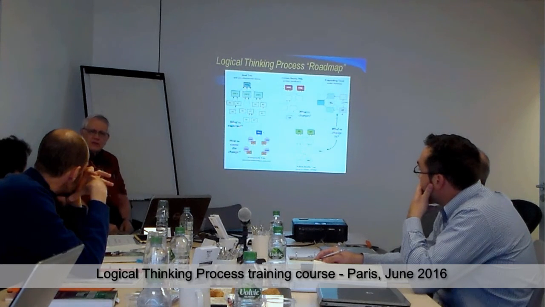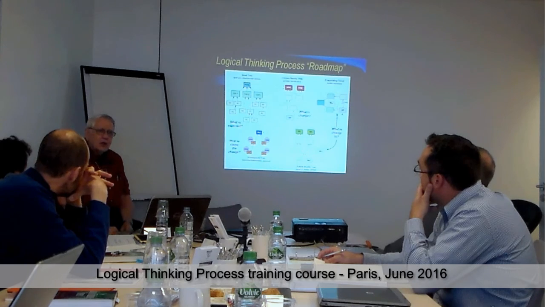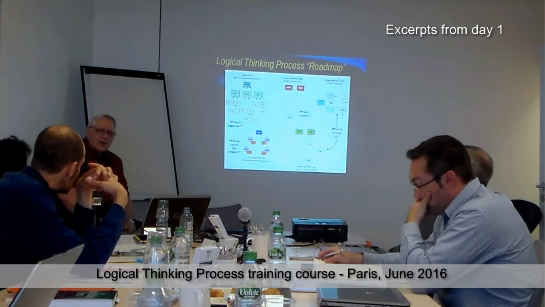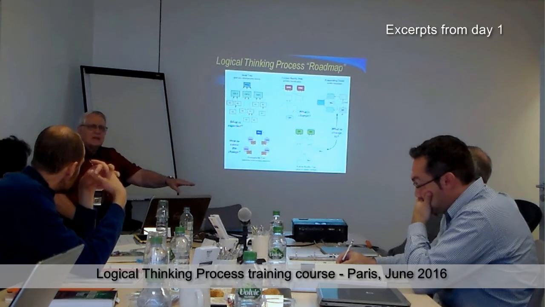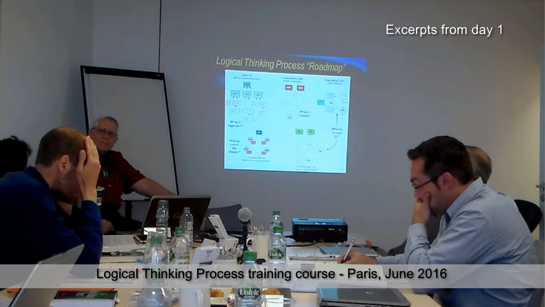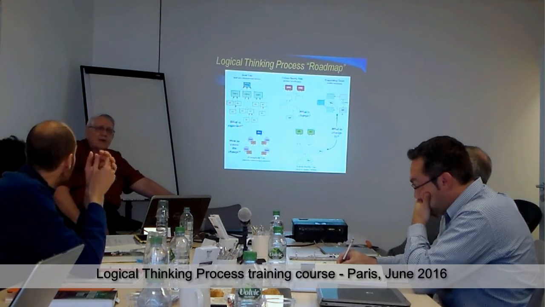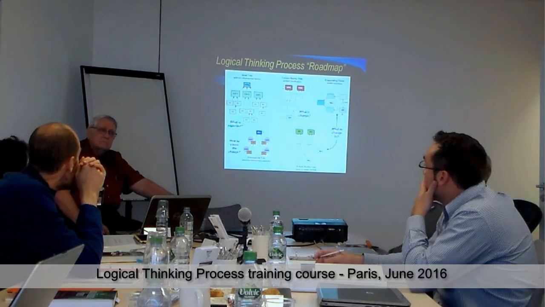Goldratt's original definition of an undesirable effect was anything in your system that's happening that you don't like. Well, guess what? I don't like in my system the fact that my in-basket is piled with paper that I can't seem to get through, and before I even get to the bottom of that pile, somebody adds some more. Is that an undesirable effect? Under the old rubric, it would have been.